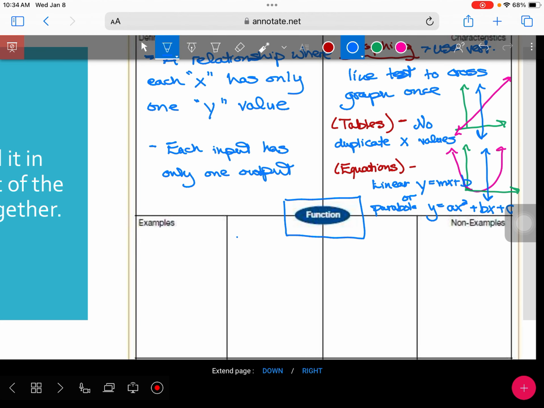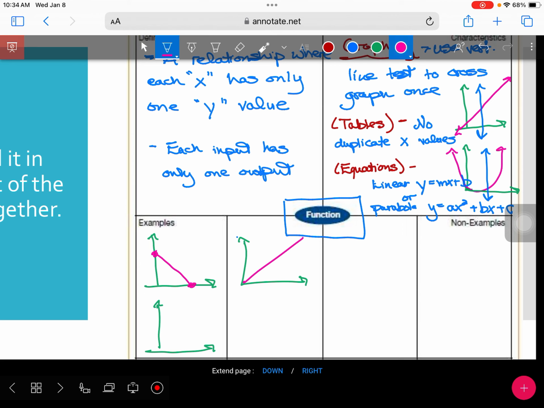So, examples, I already gave a couple over there. Examples of a function. You could also have just line segments. Okay, that would be a function. And we already kind of mentioned these two before. You could have a straight line.